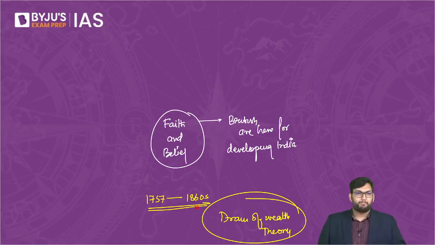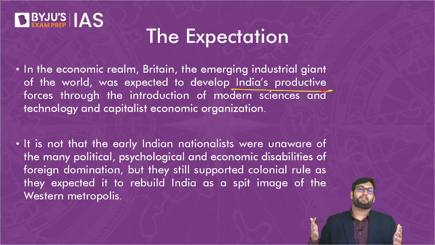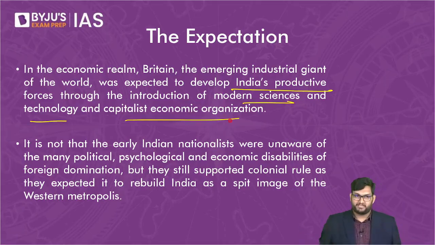So, the simple point is, in the economic realm, the expectation from the British was that as an emerging industrial giant, with the help of their technology, they would develop India into a proper metropole, a proper industrialized society with modern sciences, technology, and capitalist economic organization.